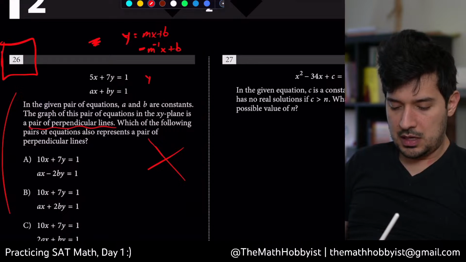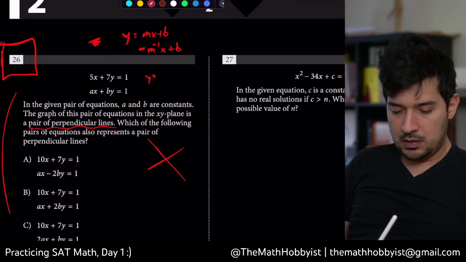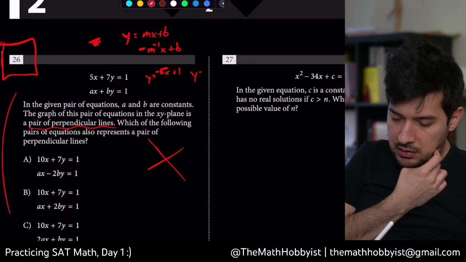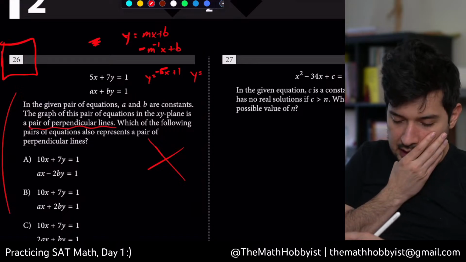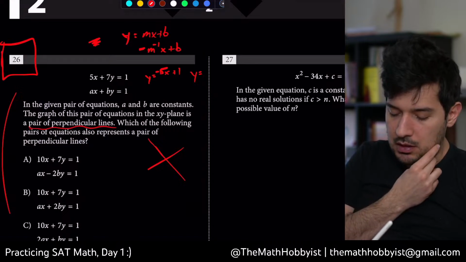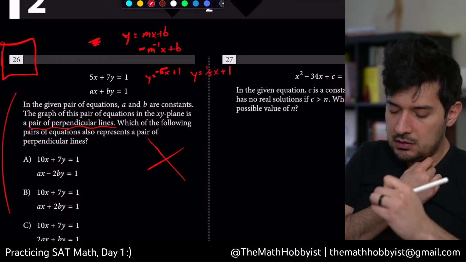So in this one, y equals negative 5x plus 1. So then a perpendicular line to that would be 1/5 x plus 1.